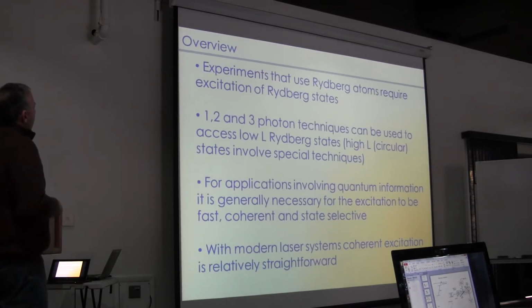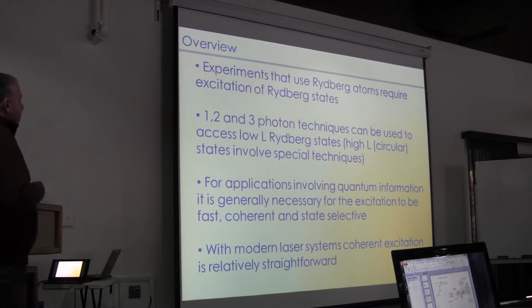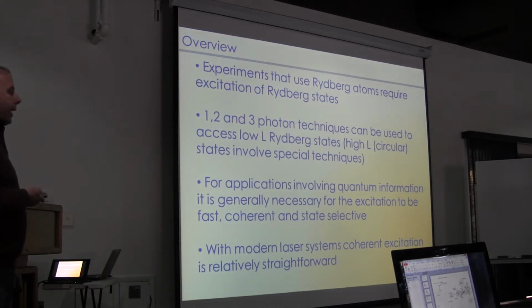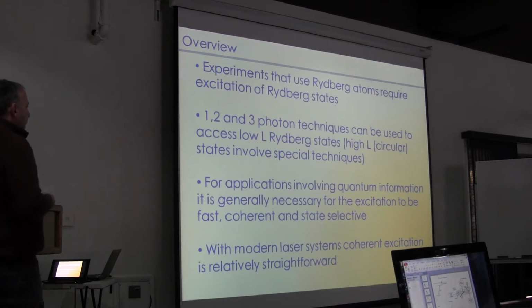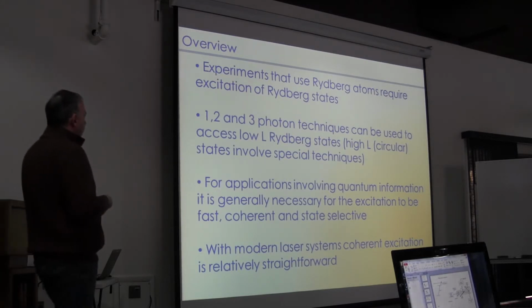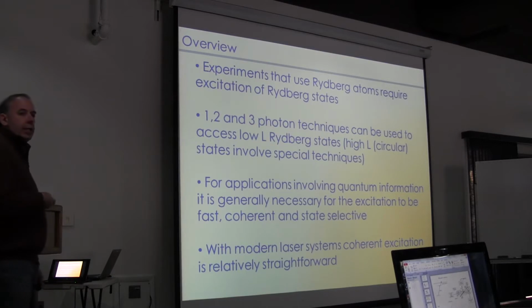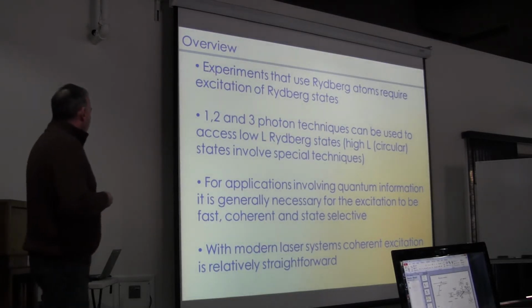So to perform experiments using Rydberg atoms, we need to, of course, excite the Rydberg states. 1, 2, and 3 photon techniques are widely used to access low angular momentum, low L Rydberg states. There's also interest in exciting high L or circular states that require some special techniques that I'm not going to cover.